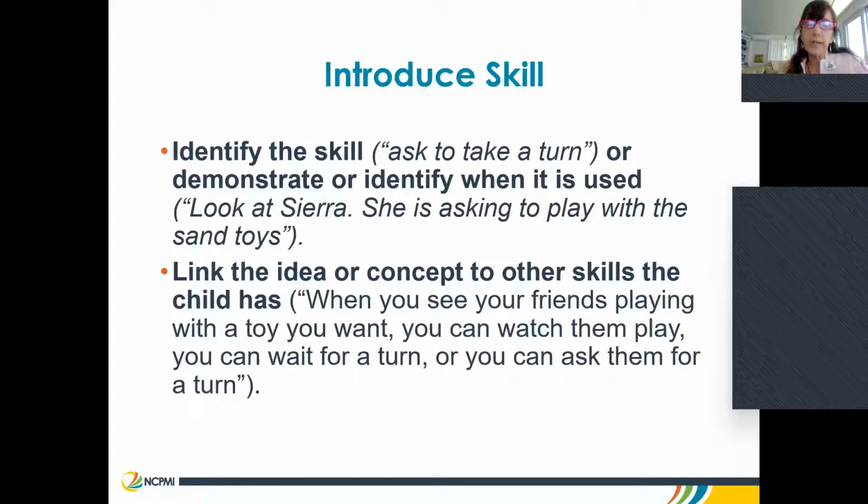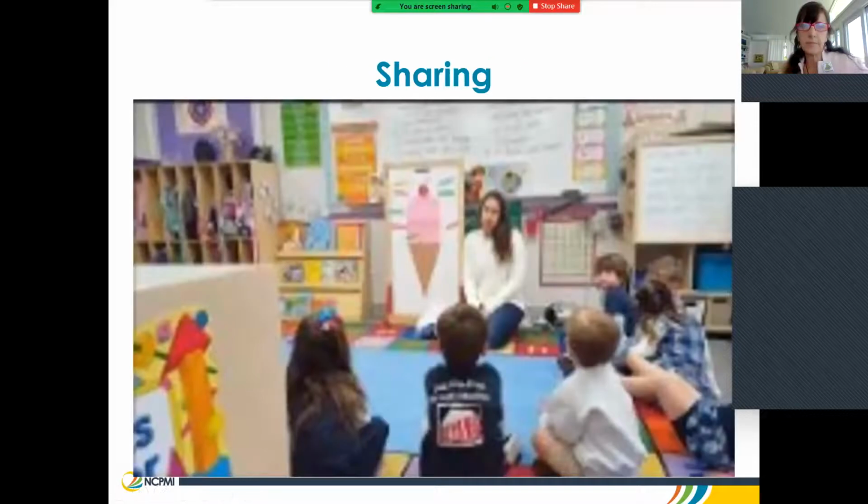When you see your friends playing with the toy you want, you can watch them play, wait for a turn, or ask them for a turn. We have visuals for all these different things, so even children who are not verbal can do these things with a card. We also teach them things like tapping on the shoulder to get someone's attention. There are lots of different ways we can teach these.